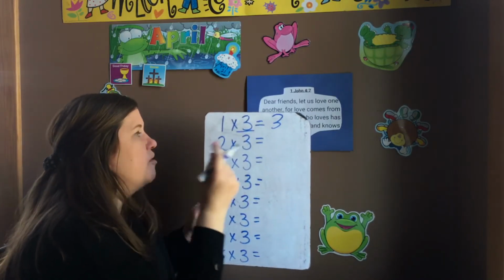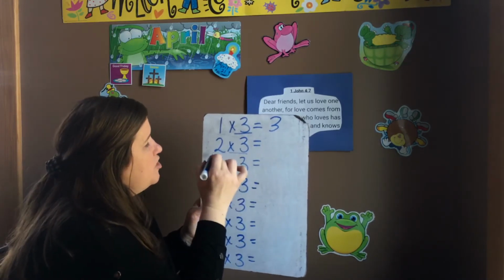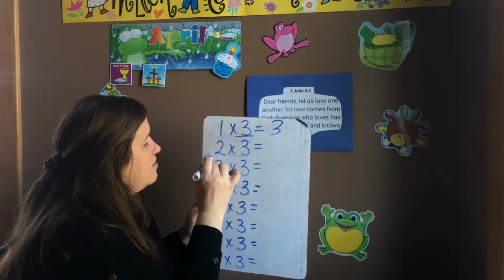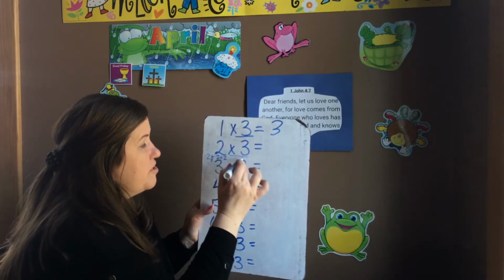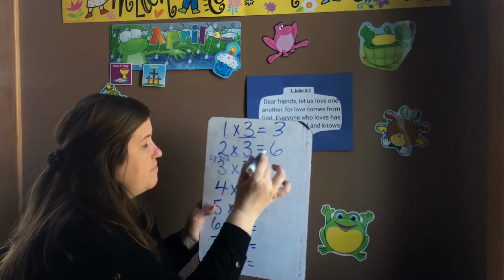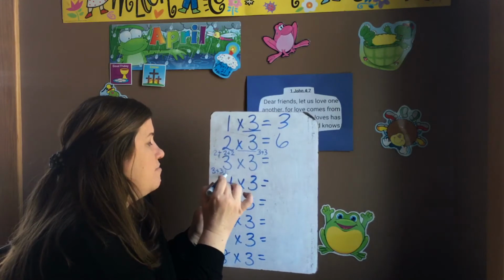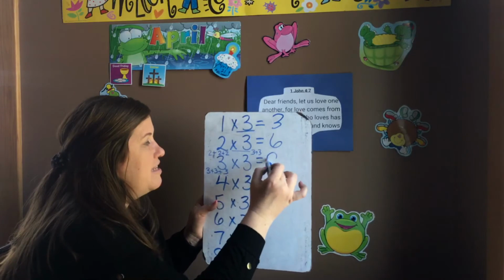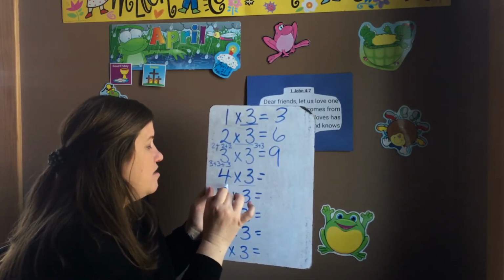2 times 3, 1 plus 1 plus 1, 3. 3 groups of 2, 2 plus 2 plus 2, or just 2 groups of 3, 3 plus 3, that would be 6. 3 times 3, 3 plus 3 plus 3. 3 plus 3 is 6, plus 3 more, that's 9. 4 times 3, we just did that.